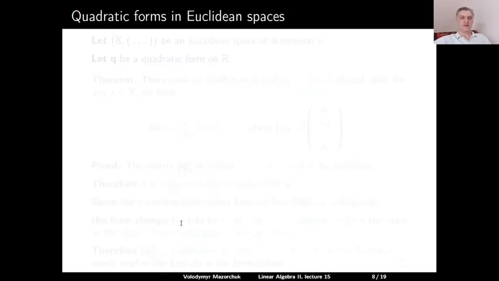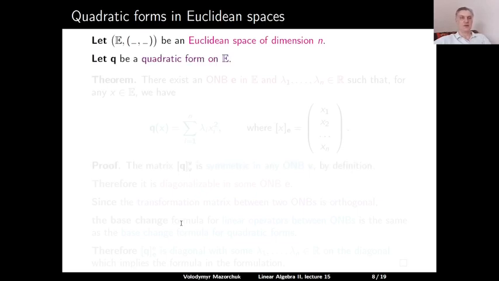Let us now discuss quadratic forms in Euclidean spaces. Let E be a Euclidean space of dimension n, and let bold Q be a quadratic form on this Euclidean space.